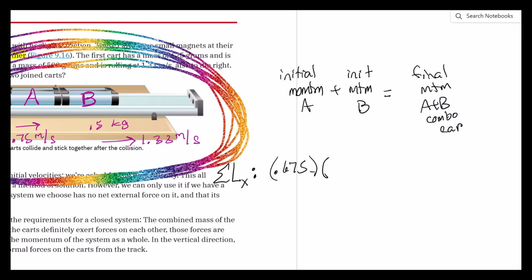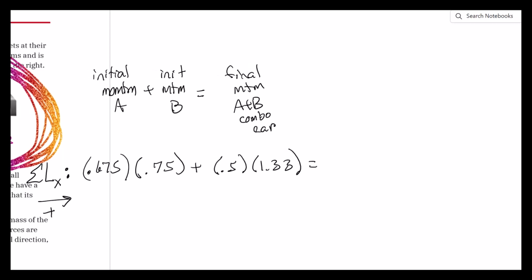I use L because I'm lazy, but you can use P or whatever makes you happy, times 0.75. Because I'm dropping my vector notation, I'm just going to say it goes in the positive x direction. So 0.675 times 0.75 plus the momentum of the second dude is 0.5 times 1.33, and I don't know their final velocity.